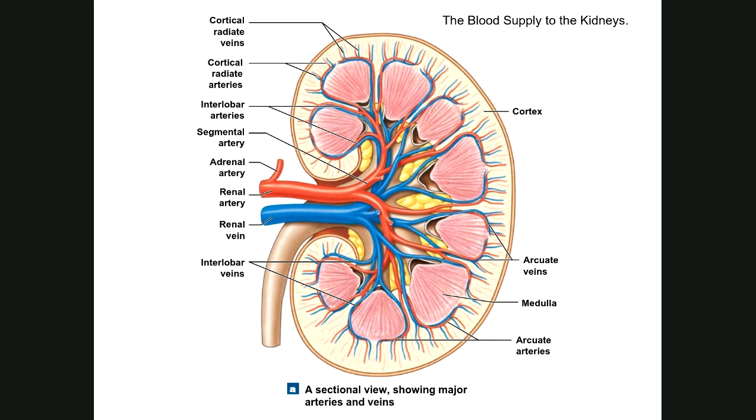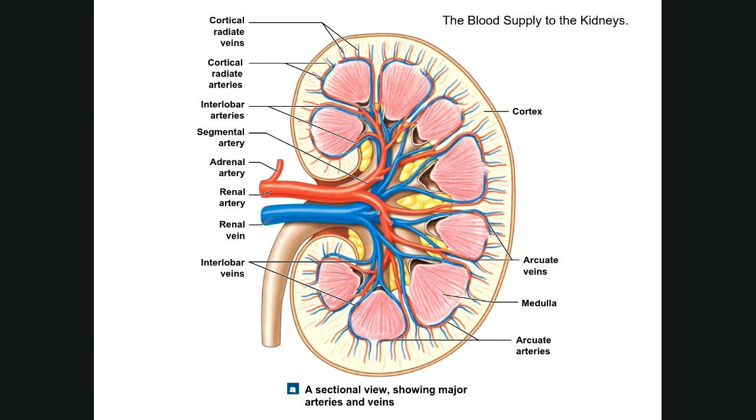So in other words, the arcuate veins are going to empty into the interlobal vein, right? And then those interlobal veins will drain directly into the renal veins, all right?